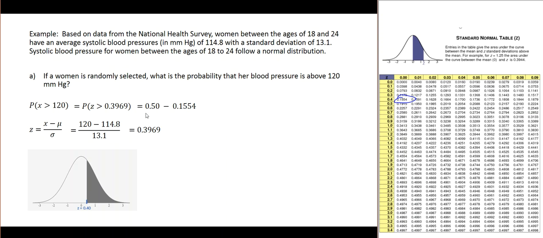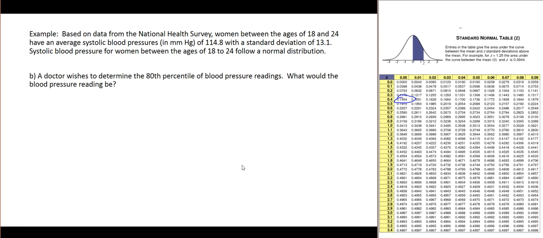So we'll go back over here and we'll take 0.5, so it's the entire half right side, and then we want to subtract off that little area that we found from the z-score that goes from 0 to our z-score, which we notice is not shaded here, and then we put in our area that we found from our table. So that gives us 0.3446.